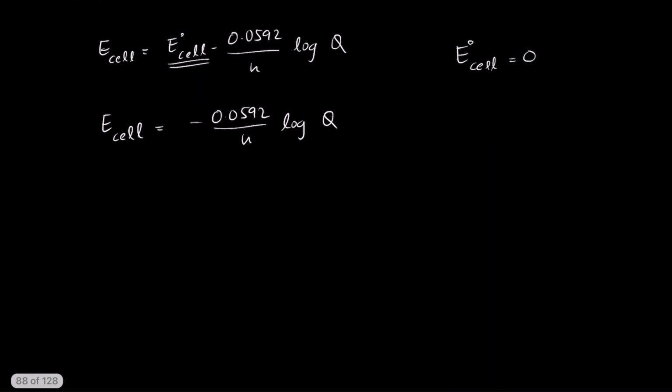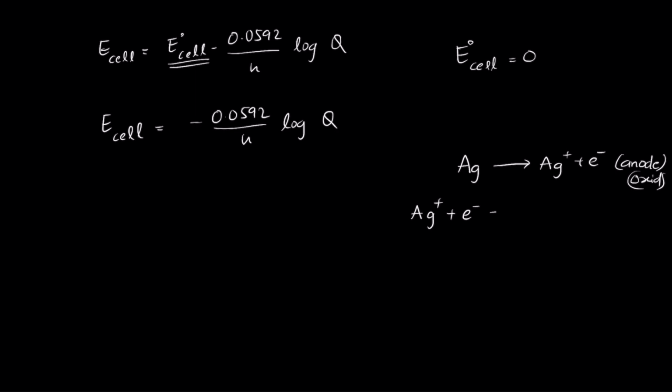On one side you have Ag that results in Ag plus and an electron, which is the anode, and this undergoes the oxidation reaction. On the other side you have Ag plus plus 1 electron resulting in the formation of Ag, which is the cathode, and reduction.